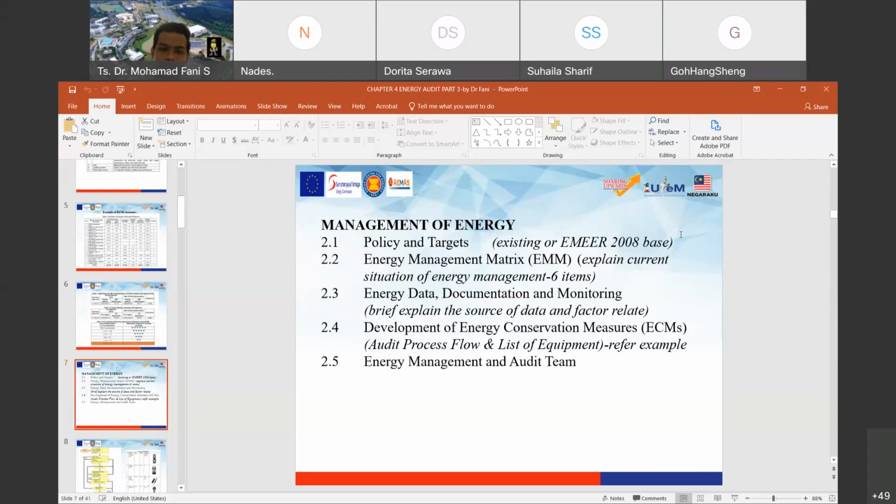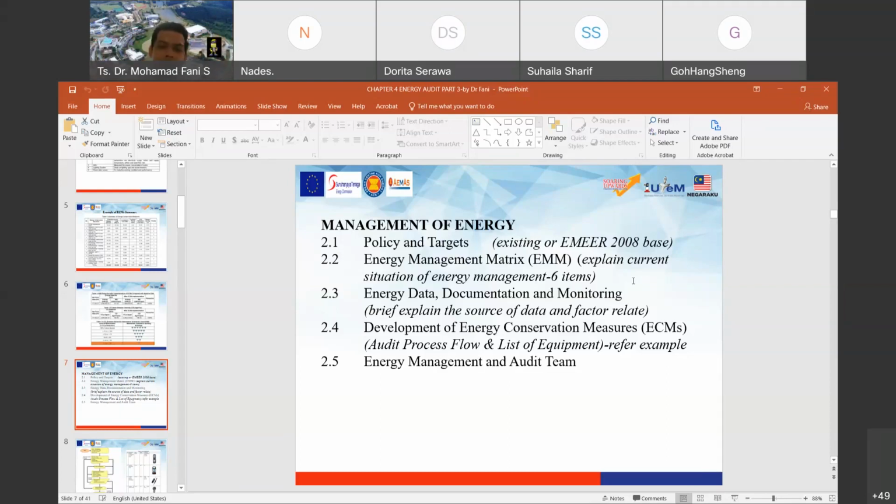Energy management matrix: explain the current situation of the energy management, 6 items. So refer to chapter 2, energy management matrix. You can put this energy management matrix and identify the current situation, or the current reading of the energy management matrix status, for your client later on.